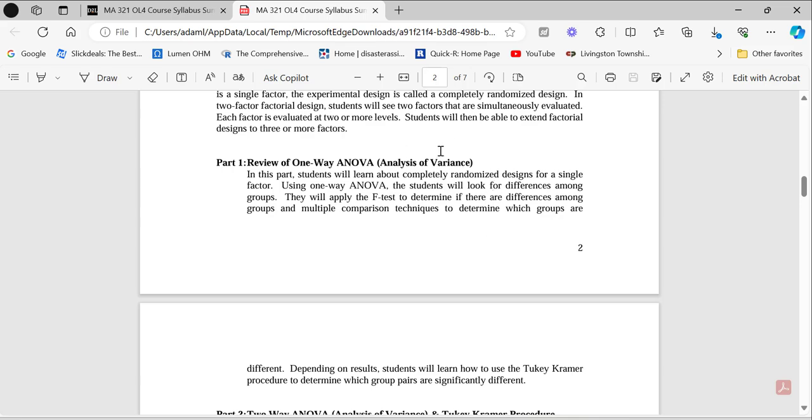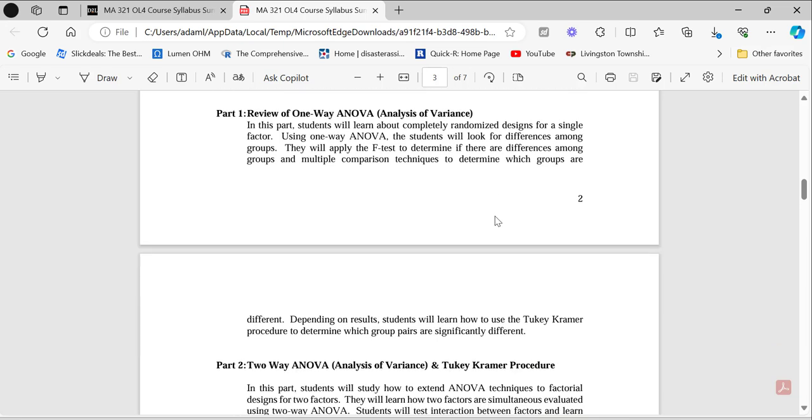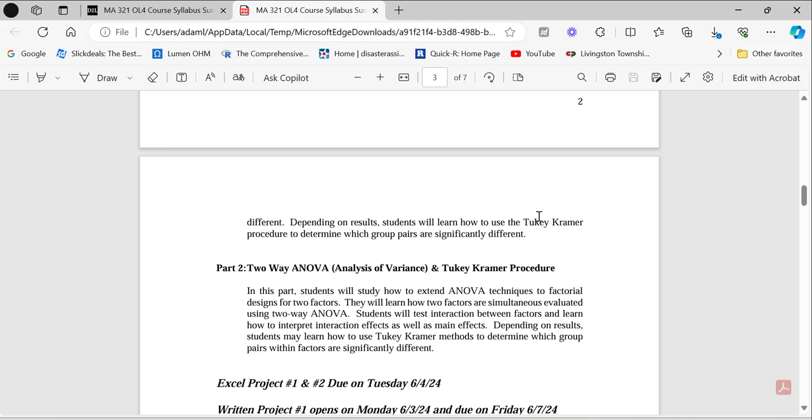ANOVA is an abbreviation of analysis of variance. And then you use one-way ANOVA, apply the F-test, and determine if there are differences among the means of different groups. Right? And then a multiple comparison technique, like the Tukey-Kramer test, to figure out which two groups are different.